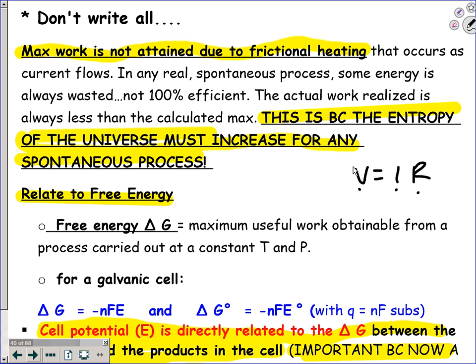We think there's maximum work, but we never actually get that maximum work because of the resistance or friction in the external wire. We always calculate maximum work, but we'll never meet it.